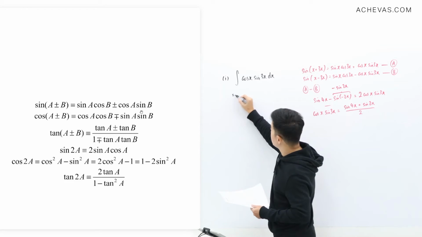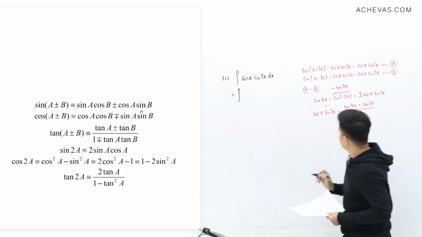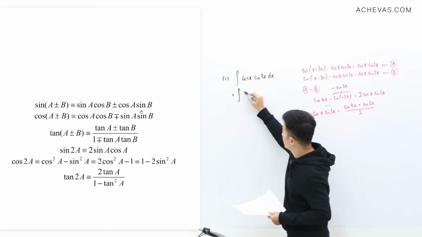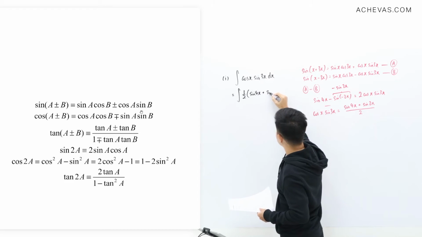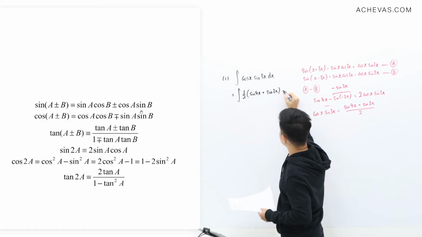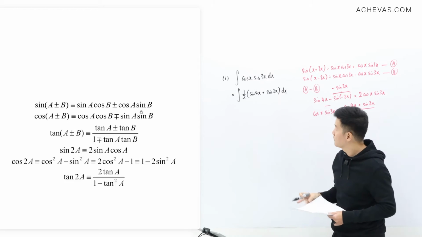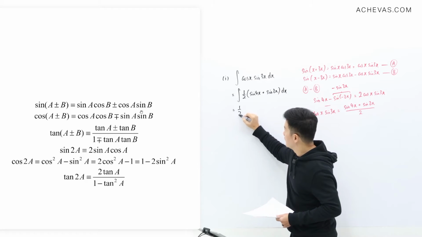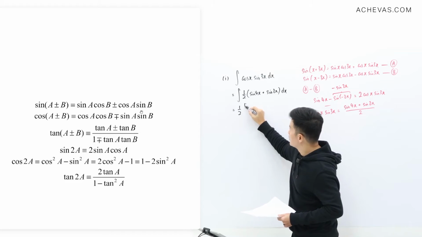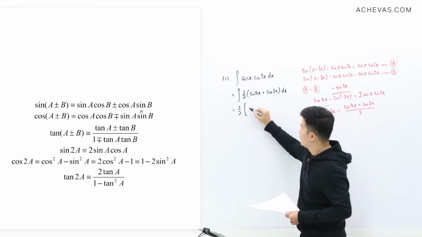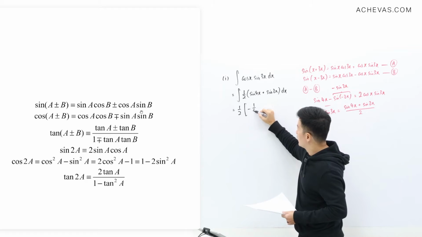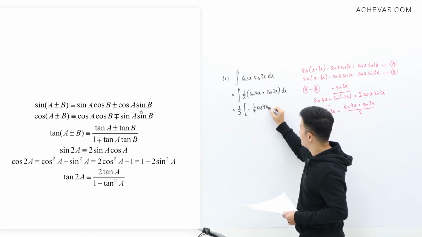So let's do the replacement. It is going to be now the integration of 1 over 2, then sine 4x plus sine 2x dx. Half, let us just take it out of the integration notation. And integrating sine 4x is going to be minus 1 over 4 cosine 4x.